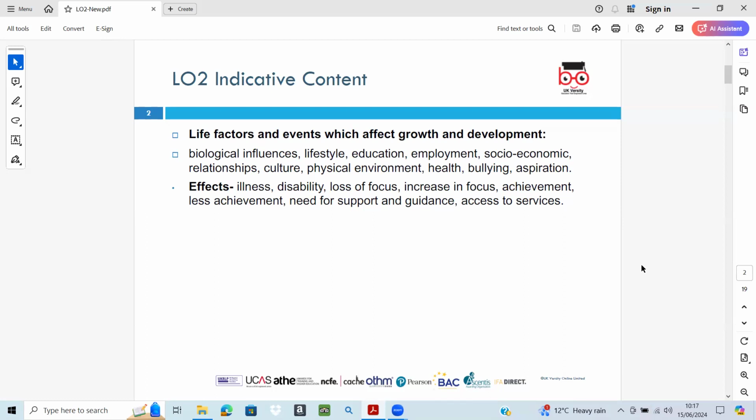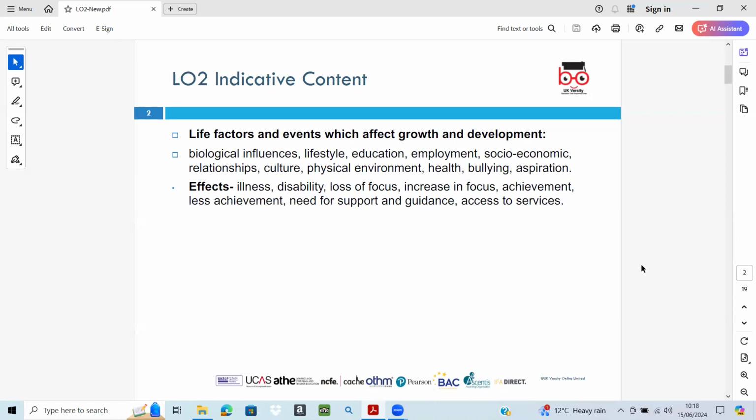Then we have the effects. There are potential effects of these life factors and events. The first one we have to discuss is illness and disability. Illness and disability can limit physical activities, require specialized support, and impact social interactions.